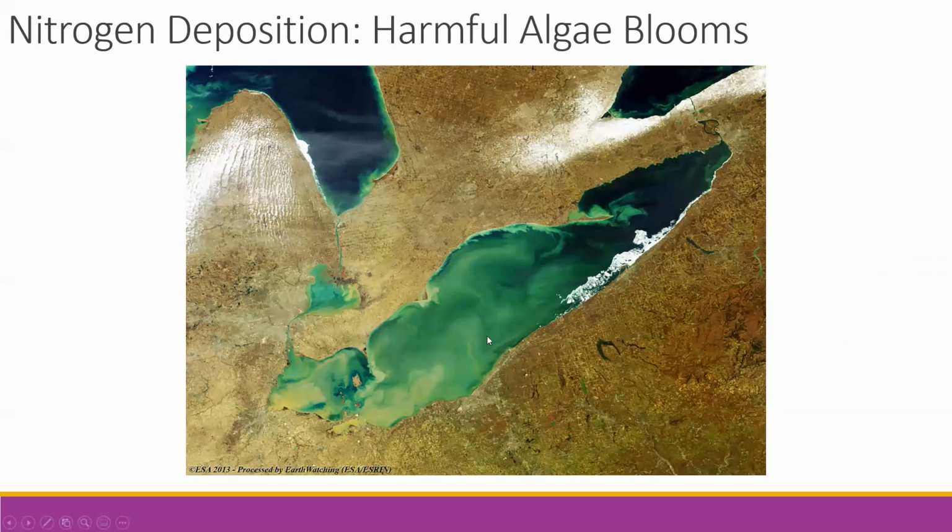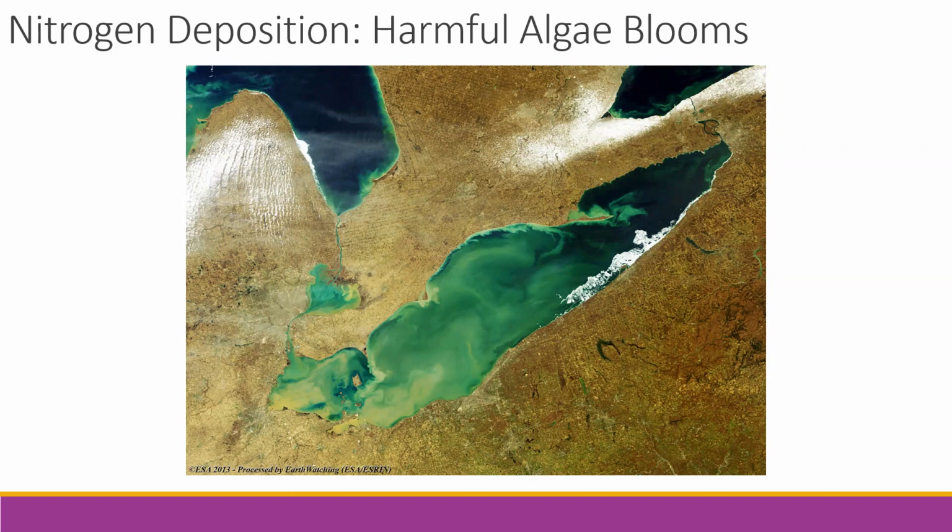And this green haze here in the water represents a harmful algal bloom in 2013. When you add too much nitrogen combined with phosphate pollution, you can get these harmful algal blooms. And these blooms can release deadly toxins that not only affect the aquatic ecosystems, but are actually harmful to people as well, which is making this a public health crisis on top of everything.